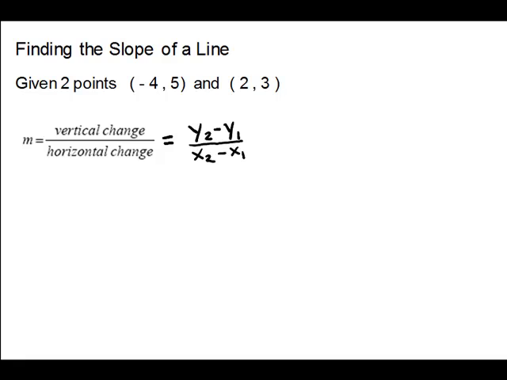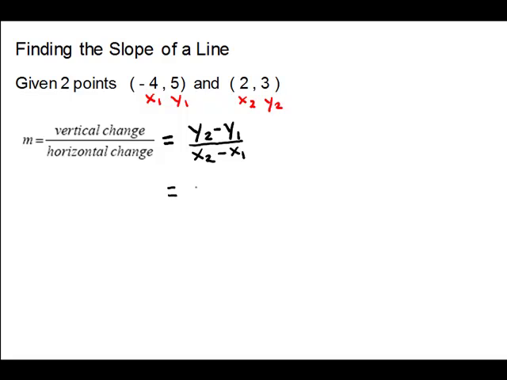Let's find the slope of the line through these 2 points. First, I would label the points. This will be x1, y1, and this will be x2, y2. And then we'll substitute into the formula.